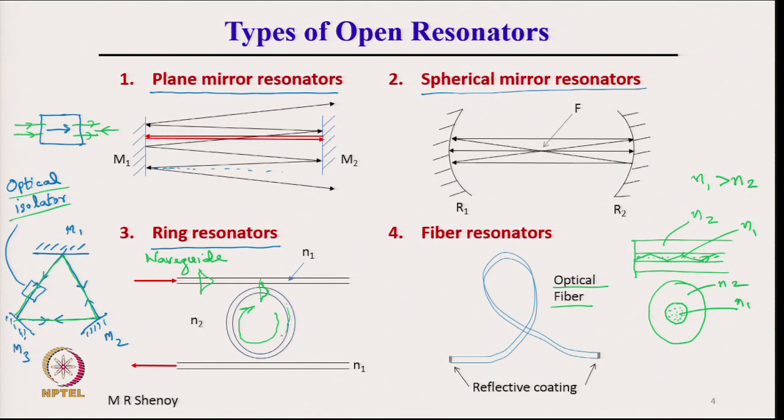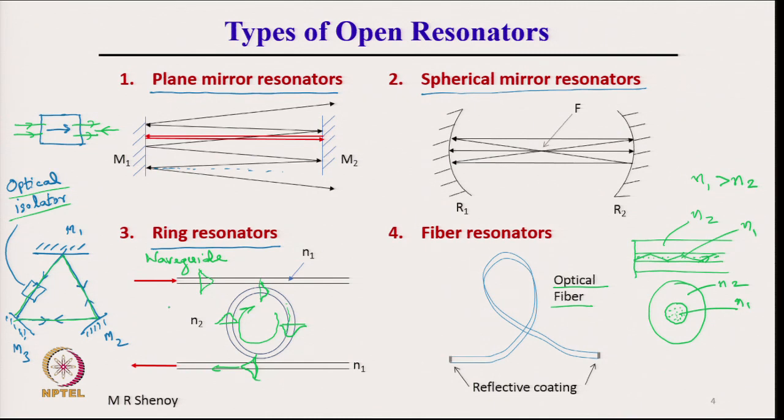Every time a small fraction can get decoupled here and then comes out like this. So, light is building up in this ring and a small part is also given out at this end. This is the ring resonator, this is for input and this is for output, a ring resonator configuration.